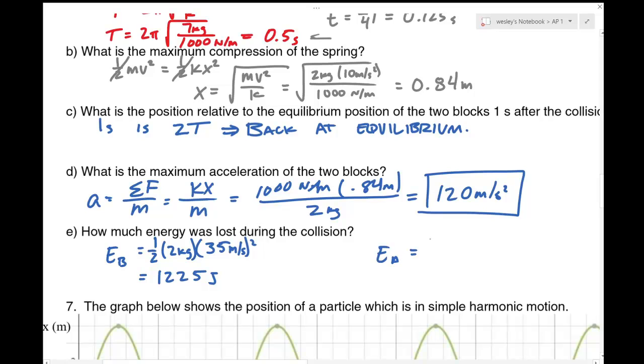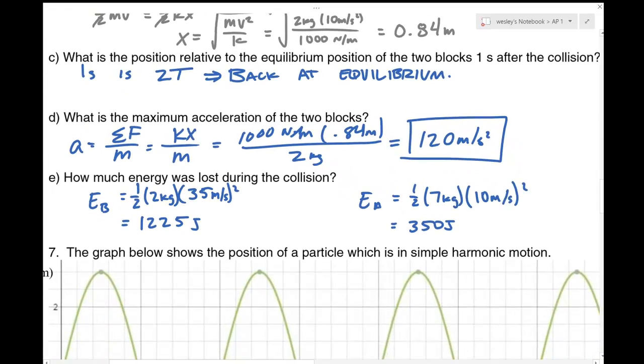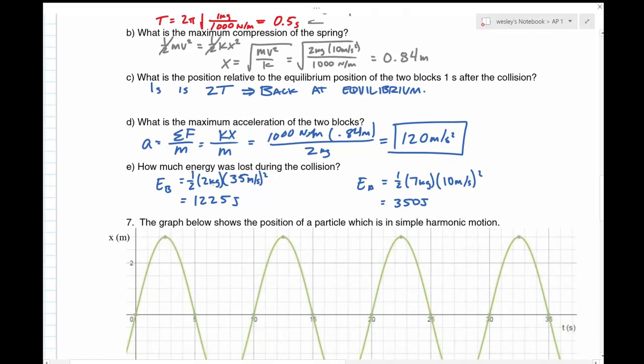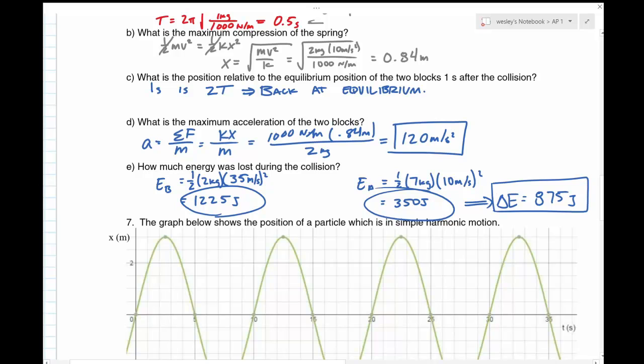Afterwards, both of them are moving, so that's 7 kilograms at 10 meters per second, which comes out to be 350 joules. My change in energy is the difference between those two, which is 875 joules.